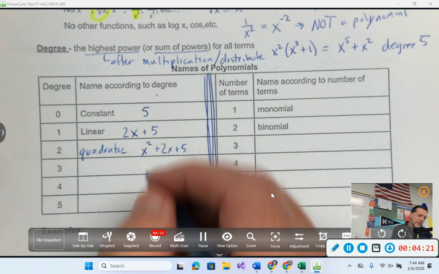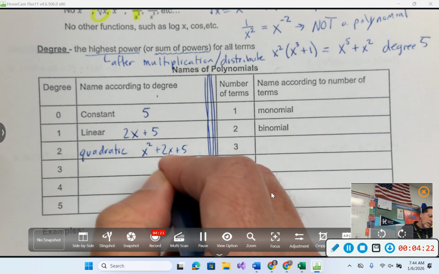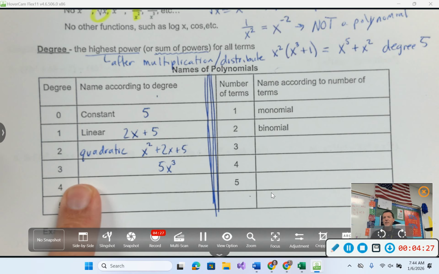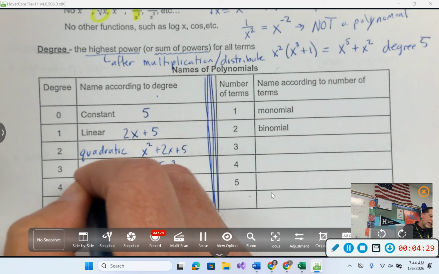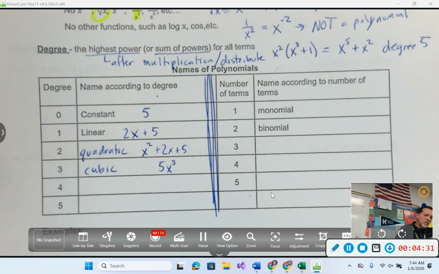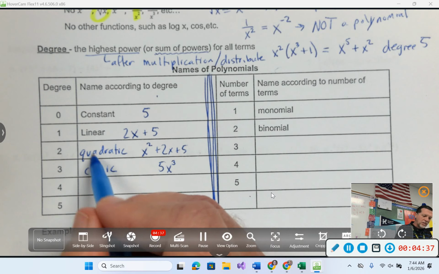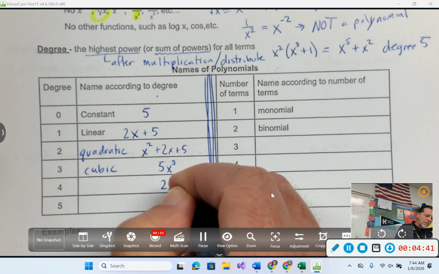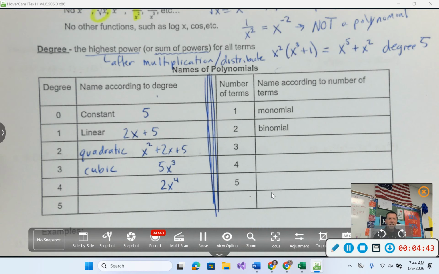And if there's an x cubed, what do we call that? Cubic. So we've probably used those words. The next two words might be new, but you might be able to figure out what they are. If we have x to the 4th. Rationals? Exponential?